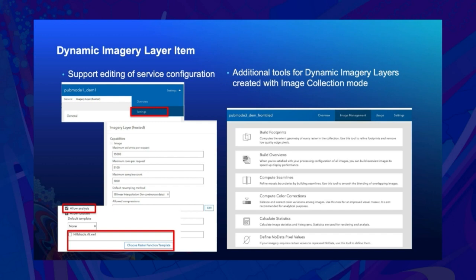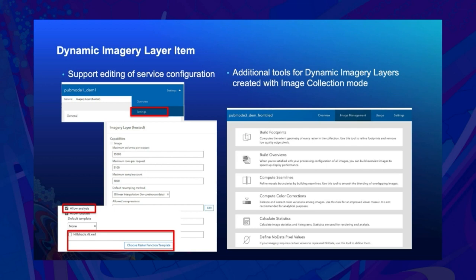You can define, for example, the default rendering rule, which is a function template attached to the image service. You can decide whether you allow analysis to be performed on the dynamic imagery layer, or you can define, for example, a default resampling method.